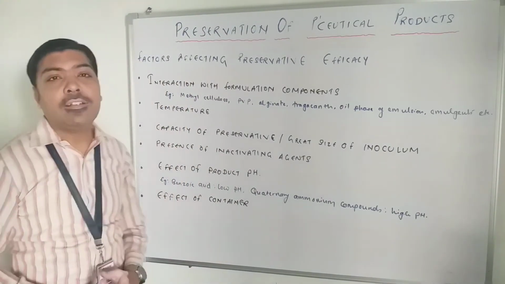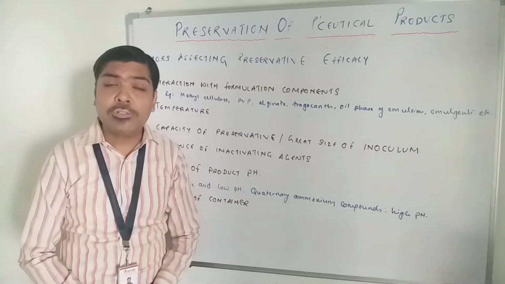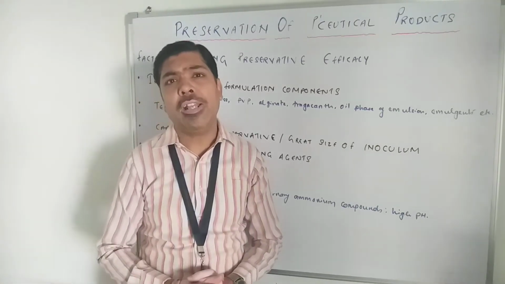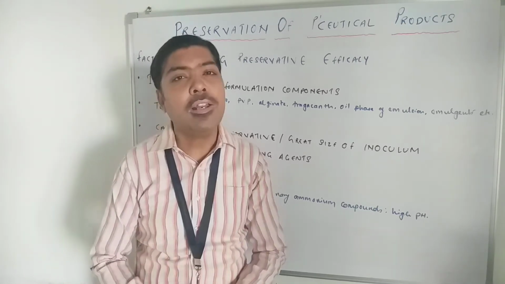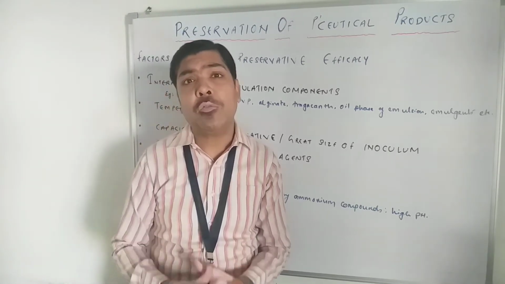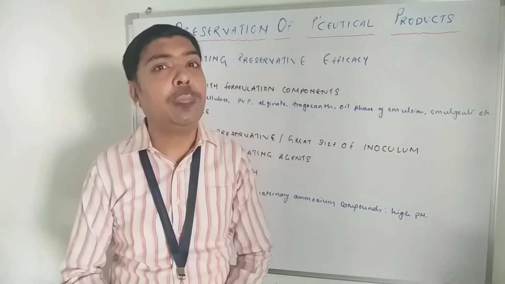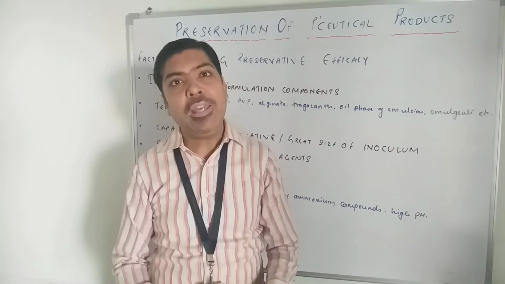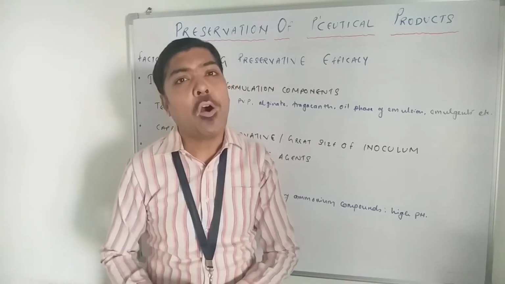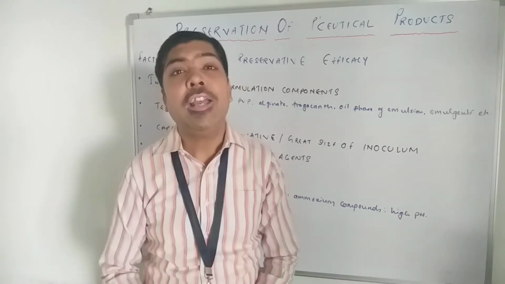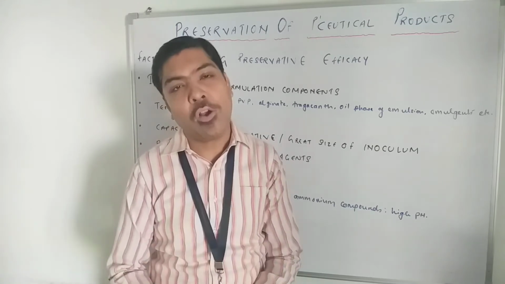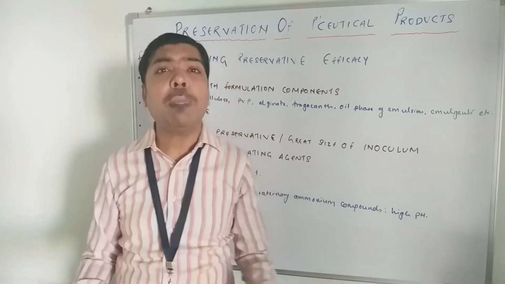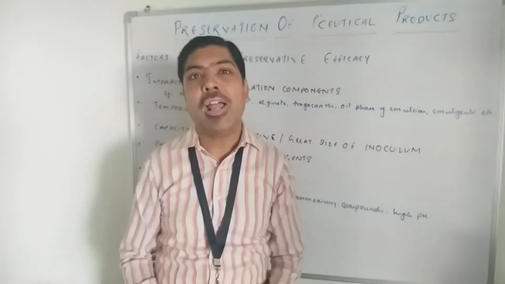Now the next factor is temperature. We know that a preservative acts at a particular temperature, which is called the temperature optimum for a particular preservative. So during storage, if our pharmaceutical preparation is stored at some suboptimum temperature, maybe at the lower range or the higher range, in both cases the efficiency of the preservative can be reduced, especially if we are talking about some multi-dose preparation like syrup.